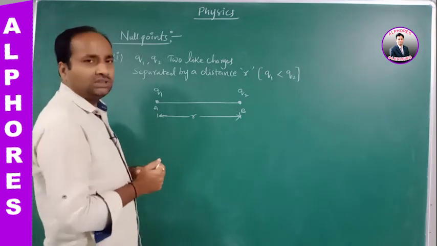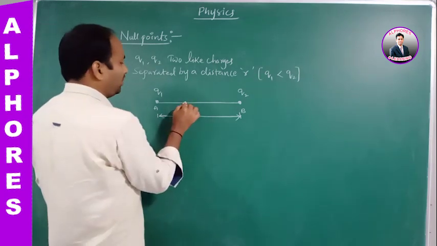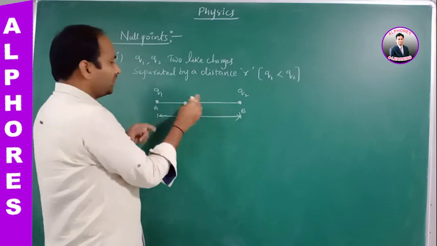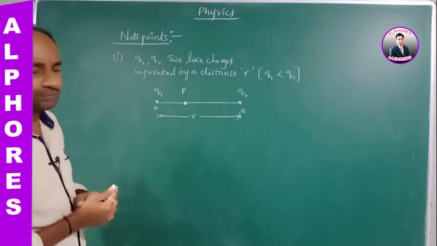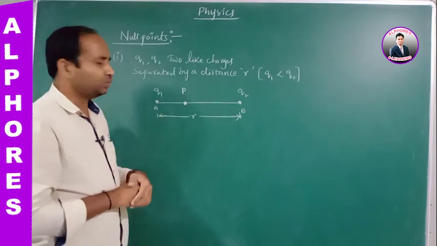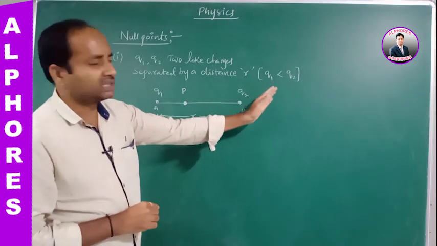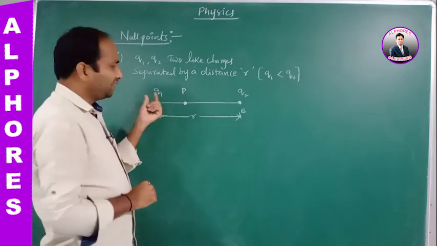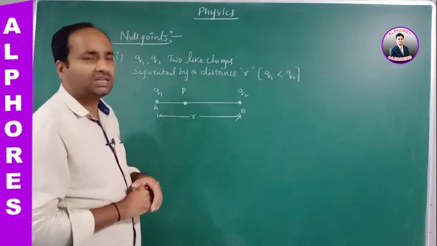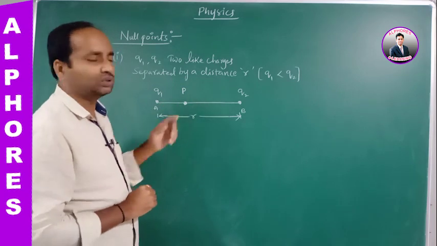Suppose the null point is obtained at the point P between the system of two charges Q1 and Q2. Q1 and Q2 are like charges, and we know that Q1 is less than Q2. In the case of like charges, the null point is obtained between the two charges.